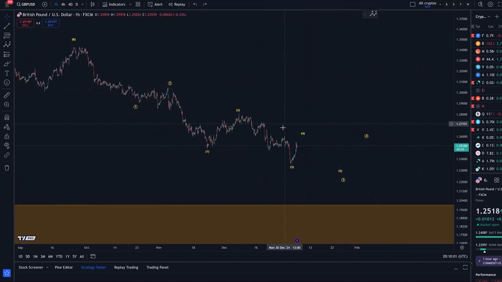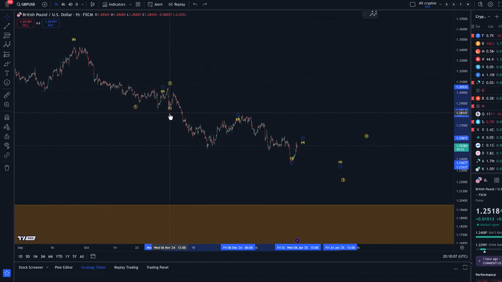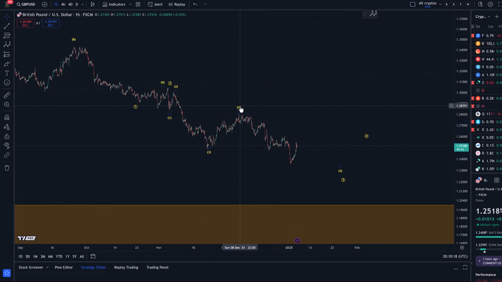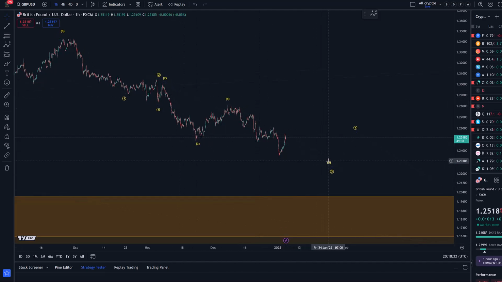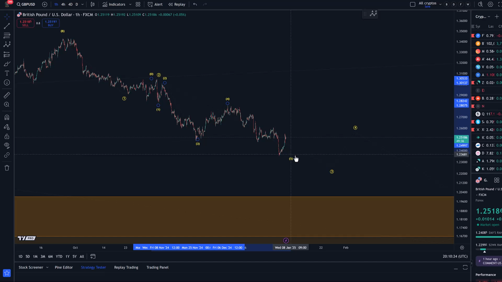So one way, if we label it like that, though, you see straight away the wave 1 must not overlap with wave 4. So I think the better interpretation would be like this. Even though it looks a bit messy, this is a valid wave count because we avoid an overlap between waves 4 and 1. And this means we could still be in circle 3.